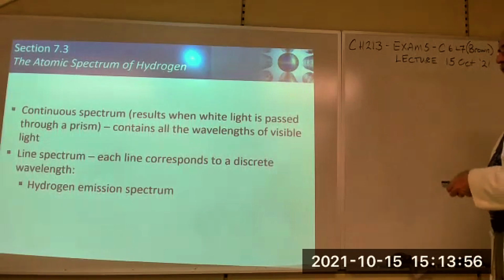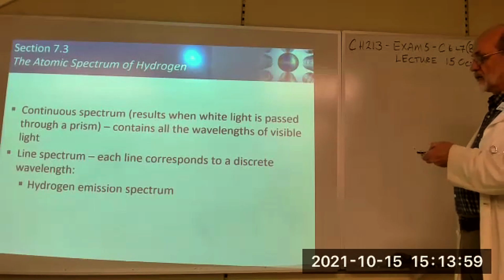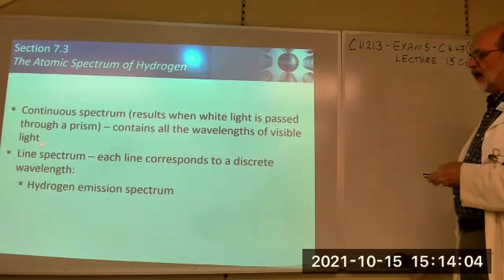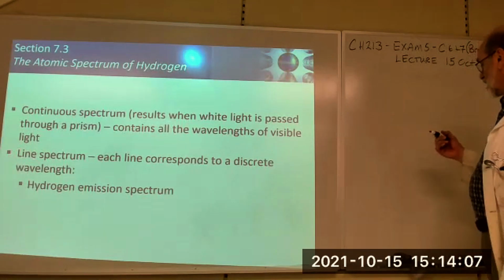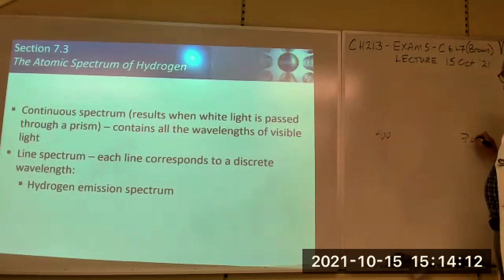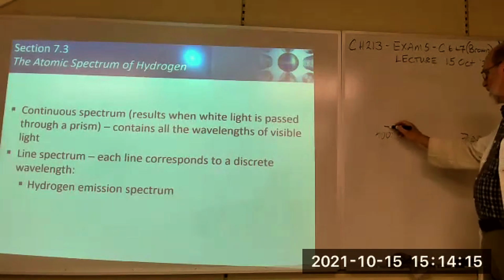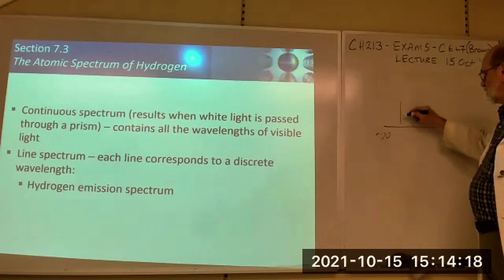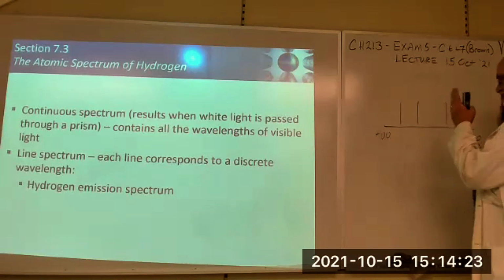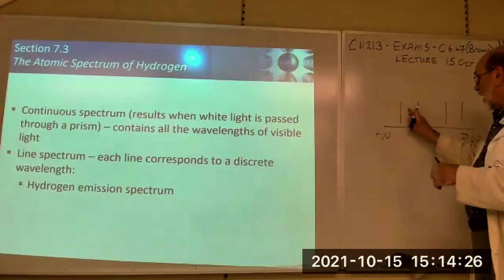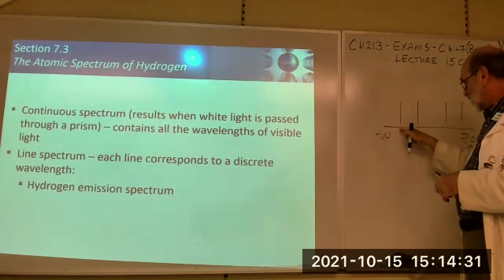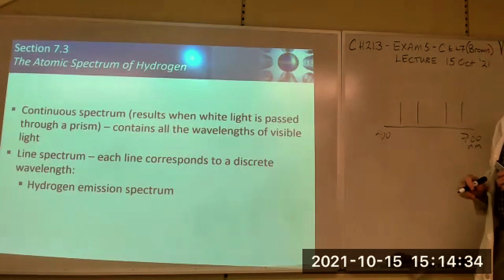But some elements, and actually most elements, if you investigate individual elements, you will see that they produce line spectra. In other words, if this is 400 nanometers, and this is 700 nanometers wavelength here, then they may produce just emission lines and nothing in between. And these always occur for that element at specific values of wavelength.